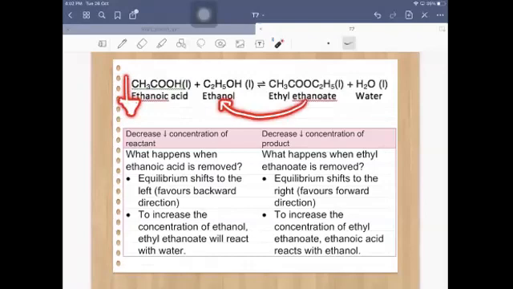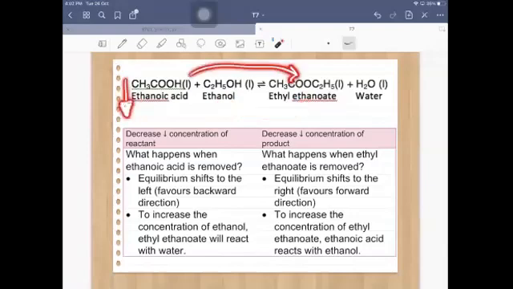You don't want your concentration to decrease and then you favor the forward, because what happens here is that you are using up your ethanoic acid. Now you already have less. You don't want to use up your ethanoic acid. So what happens is, I repeat, you decrease, you remove your ethanoic acid.